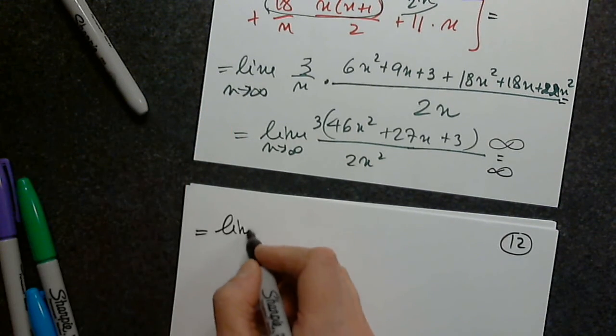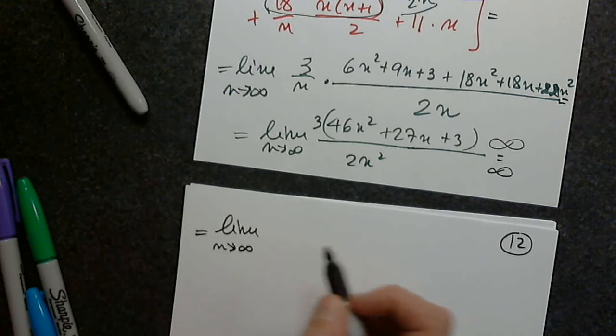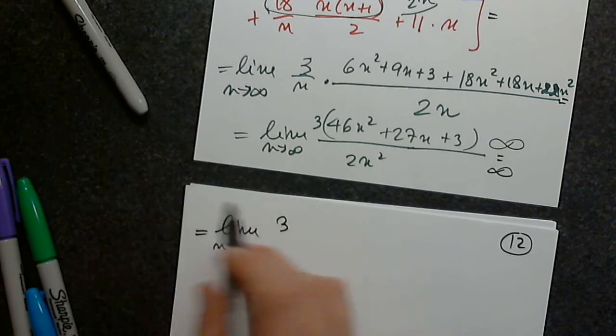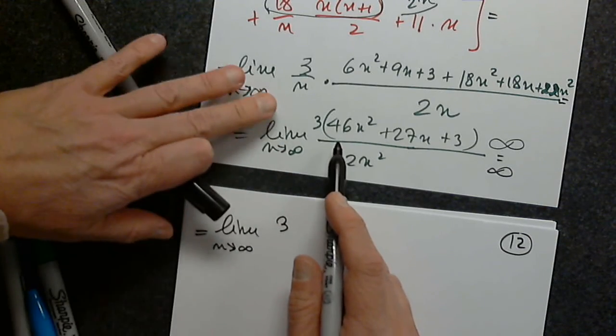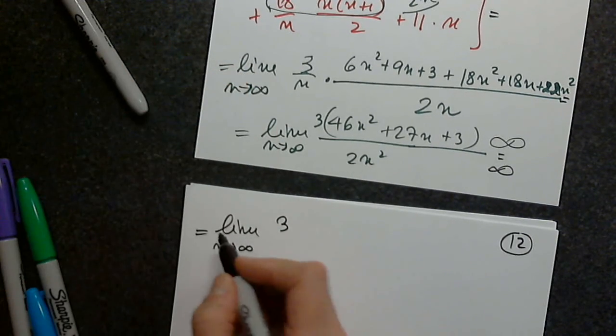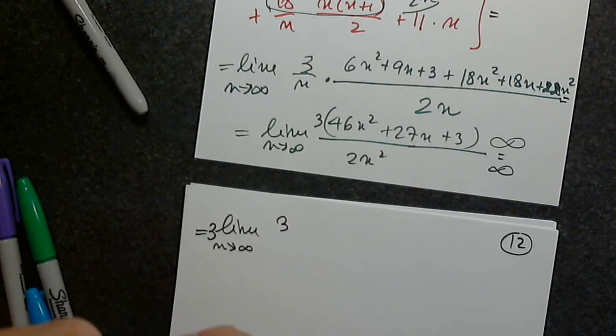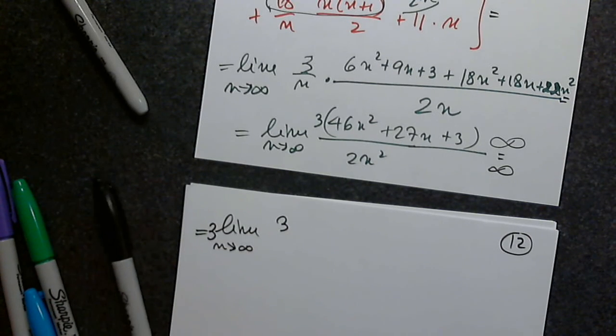Perfect. So the limit as n approaches infinity, the 3 is outside. It can stay outside of the limit. I don't care. Maybe I should put it outside so it's not confusing. It's a factor. It can go outside and wait patiently.